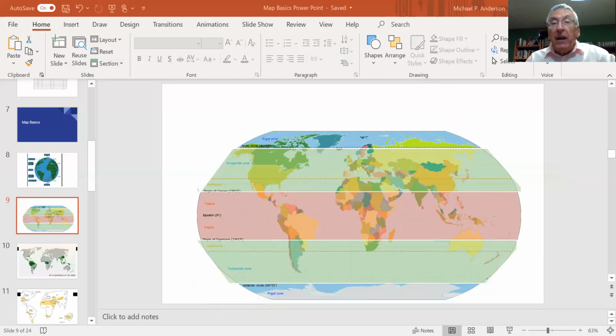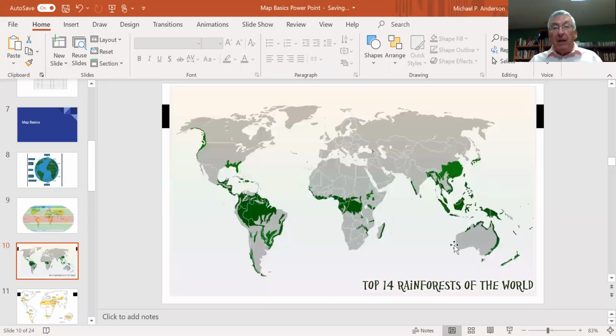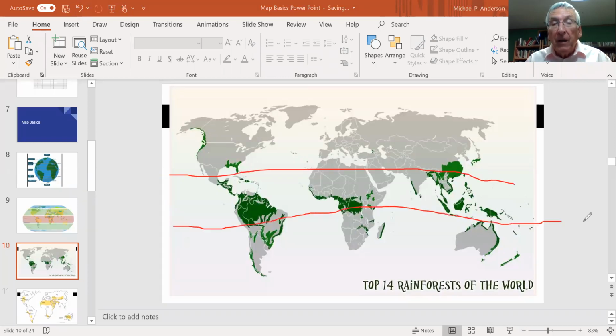All right, let's take a look at where we are going to find tropical rainforests. And here's where you'll find them. If you look and think back, where were the tropics? You will see that most of the rainforests are in the tropical zone, right through the middle section there.